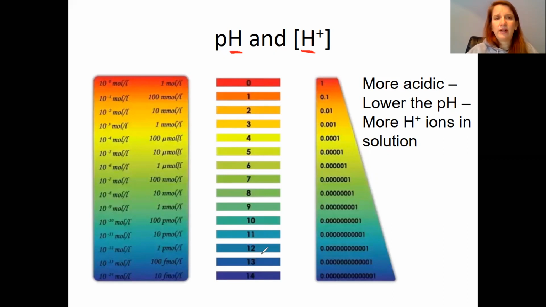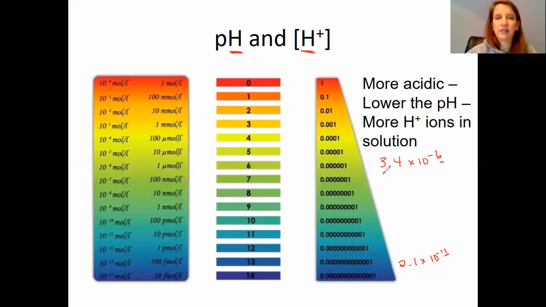One thing I want to point out here is that a lot of times you will see ion concentration written in scientific notation. If you see something like 3.4 times 10 to the negative 6, versus 2.1 times 10 to the negative 11, I want you to remember that the exponent is telling us how far from the decimal point it is.